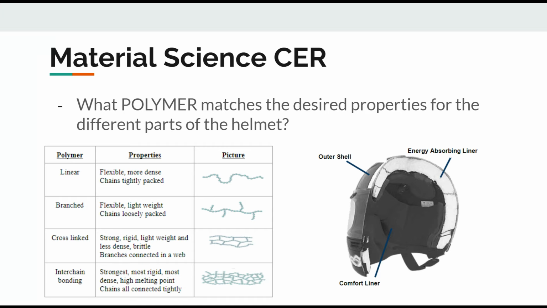You may use the same type of polymer for multiple things. You don't have to have one of each, but it should become pretty clear, based on the desired properties you just described, which polymers best meet those needs. So you're going to choose that now.